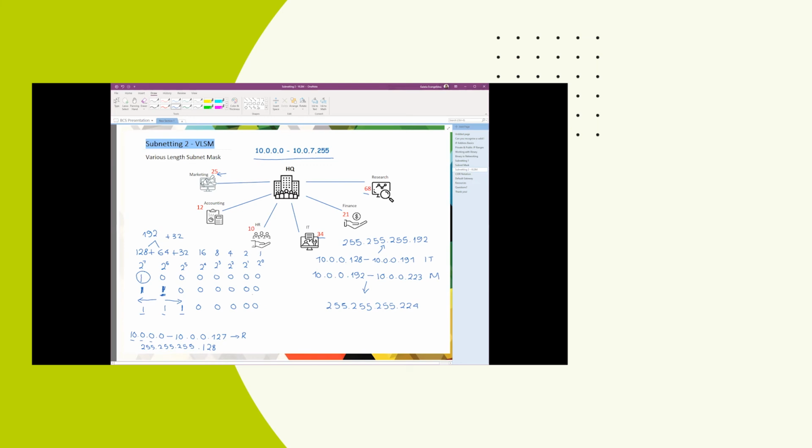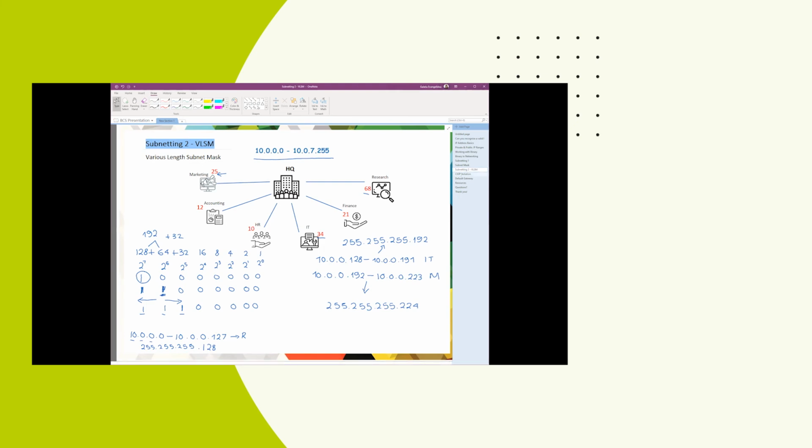As we already know, apart from the IP address, we need the information of the subnet mask. So we say to somebody, your IP address is 10.0.0.5, and your subnet mask is 255.255.255.128. Instead of saying this, we can say what?